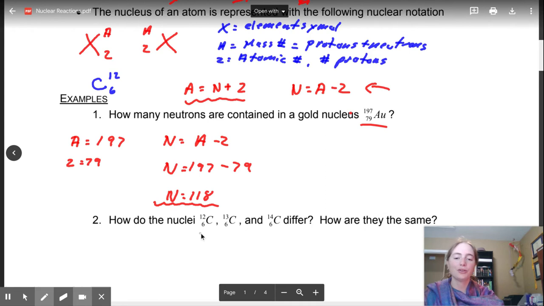Okay. So, question number 2. How do the nuclei of these 3 atoms differ? How are they the same? Well, they differ based on the number of neutrons. Because look at these values up here. The mass number is different.